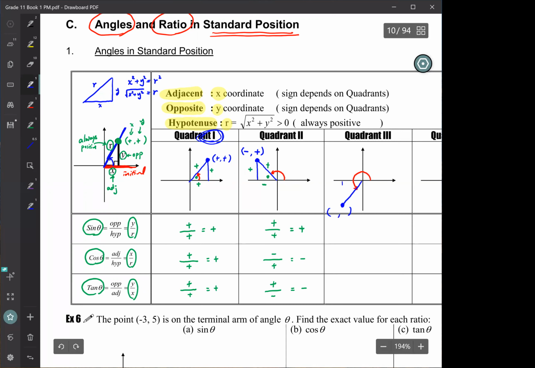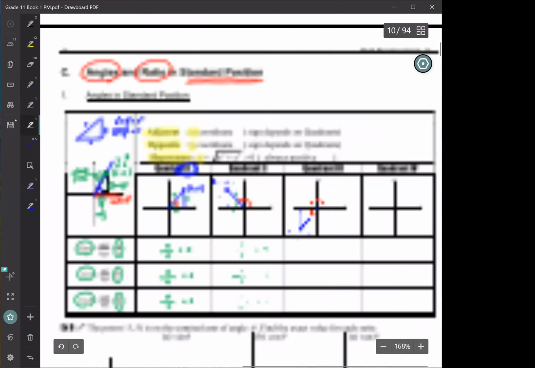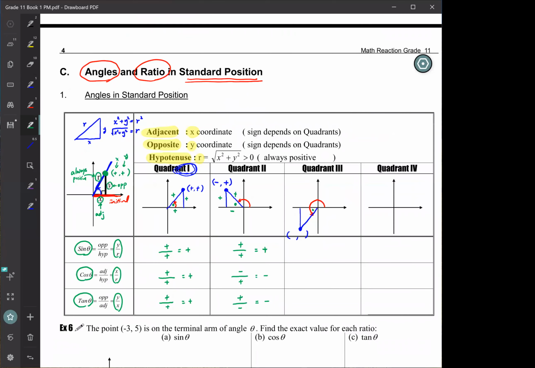And then if you draw the triangle, it will look like that. Reference angle, once again, should be there. Remember the bow tie, right? Okay, so I'll let you complete the chart. Once you finish the chart of all the signs, then raise your hand, okay? We'll go over the chart.